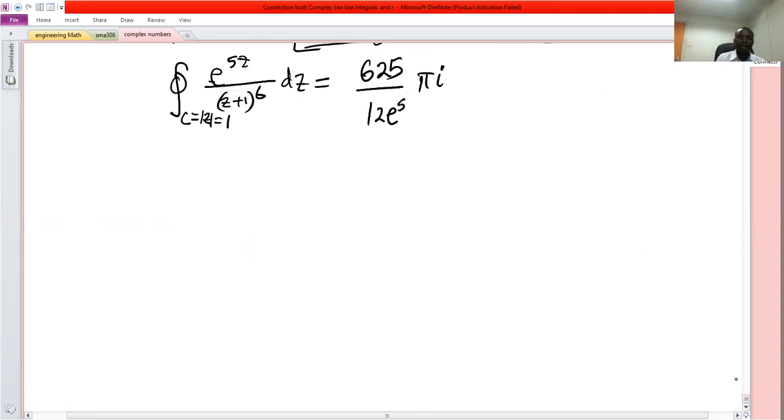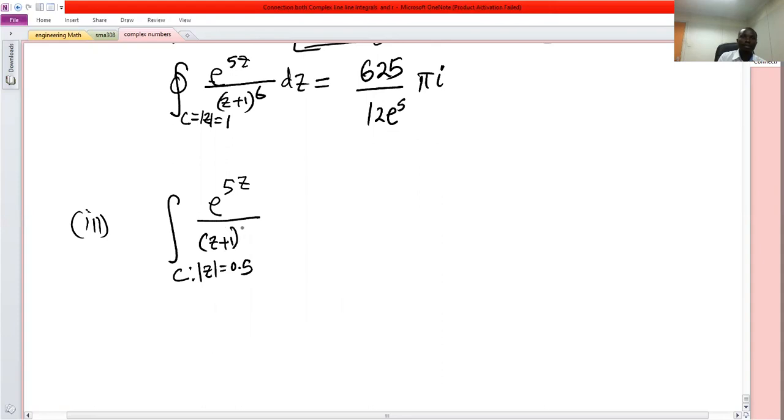And then the last one, number 3, the circle whose radius is 0.5. So e raised to the power 5z over (z plus 1) to the power 6 dz. Now, if you sketch, if this is the 0, then this should be 0.5, and then this should be minus 0.5.